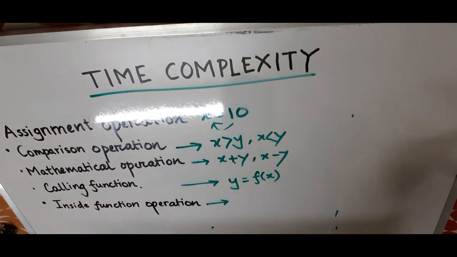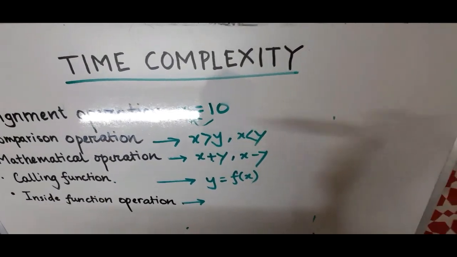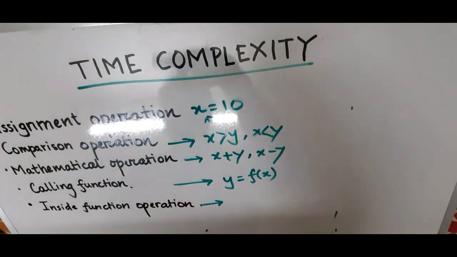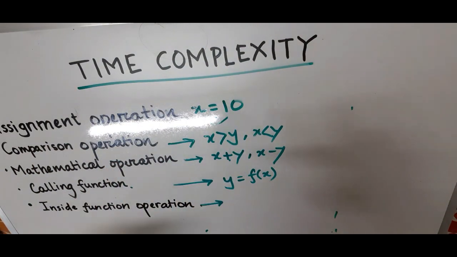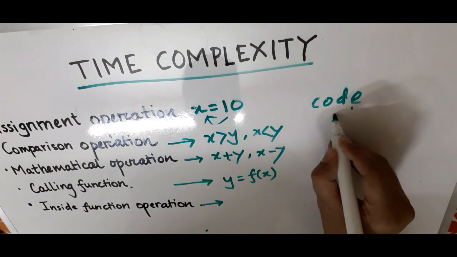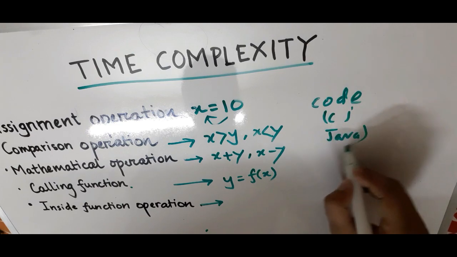So what I'm trying to tell is there is a complexity in each of these operations, right? When we perform an operation inside a coding problem, inside a code, when we write a C program, it may be written in C, it may be written in Java, or it may be written in other languages.